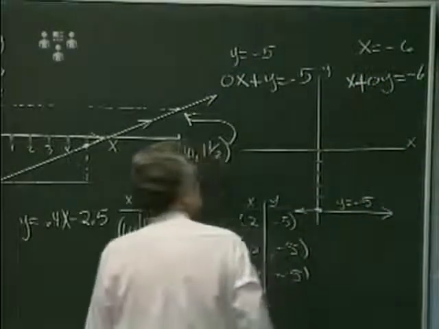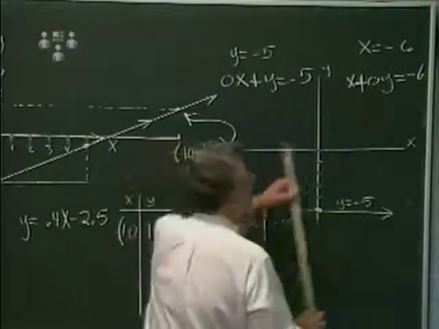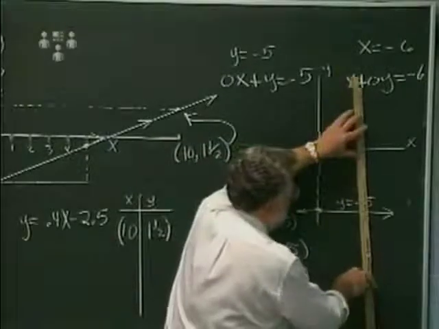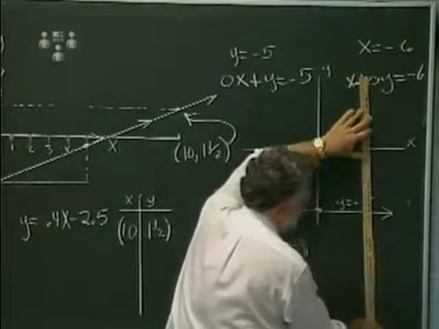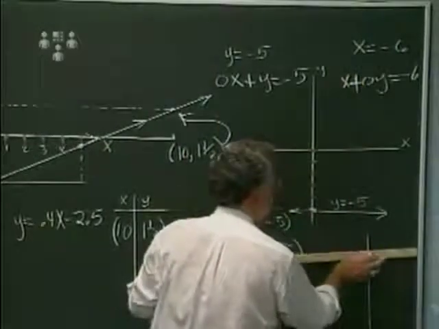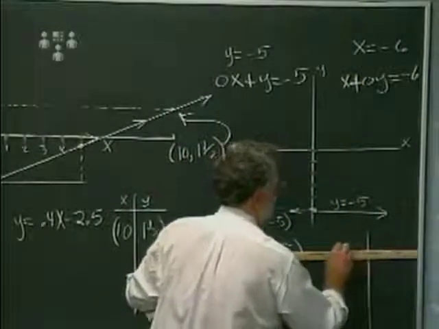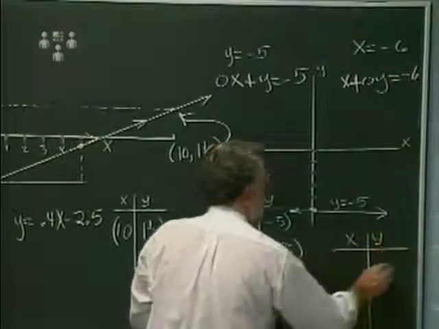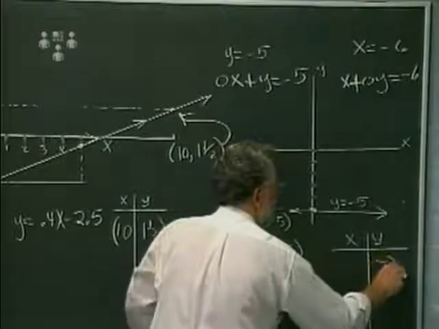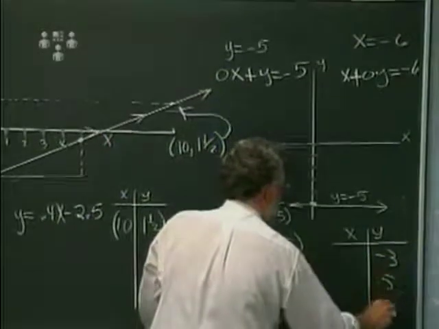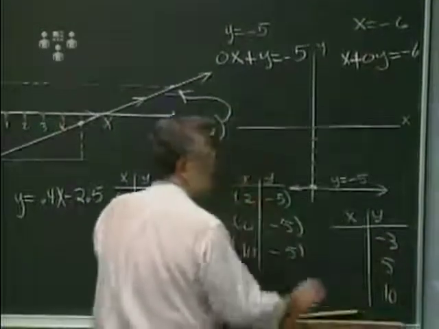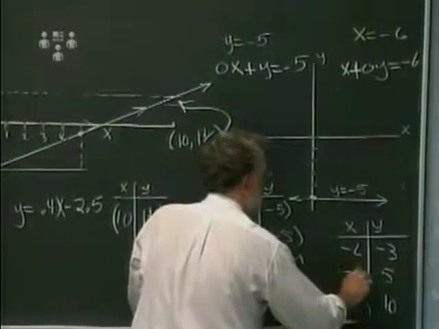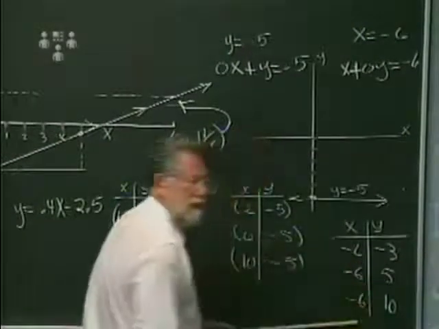So if I do that, no matter what I put for y, I get what? Negative 6. So another t-table. And after a while, you don't need to do tables with these. I think you'll just understand that no matter what y is, make that minus 3, make it a 5, make it a 10, doesn't matter. What is x? Negative 6, negative 6, negative 6.